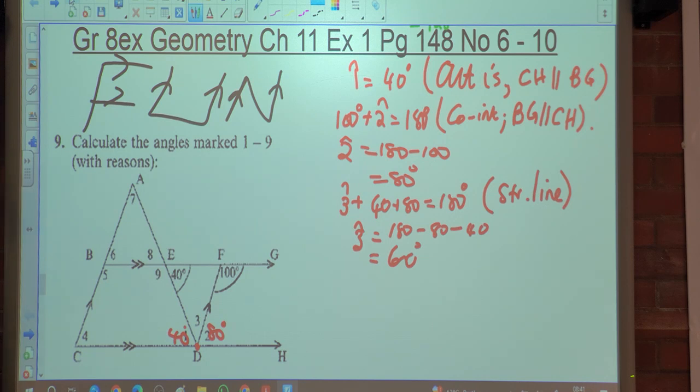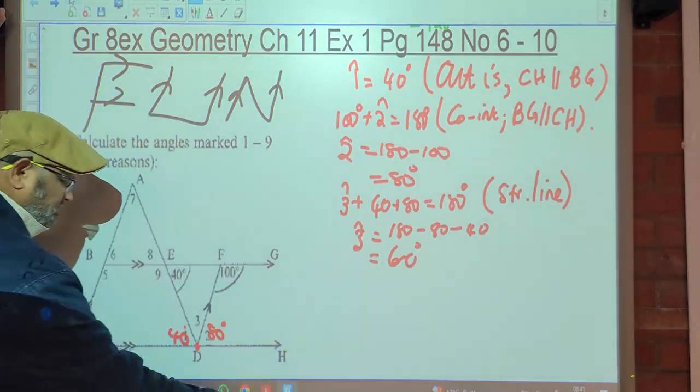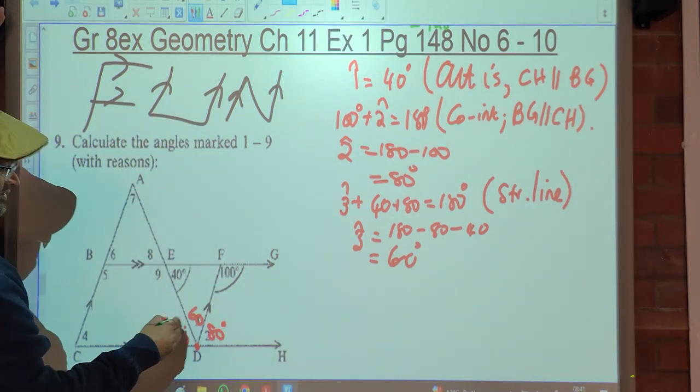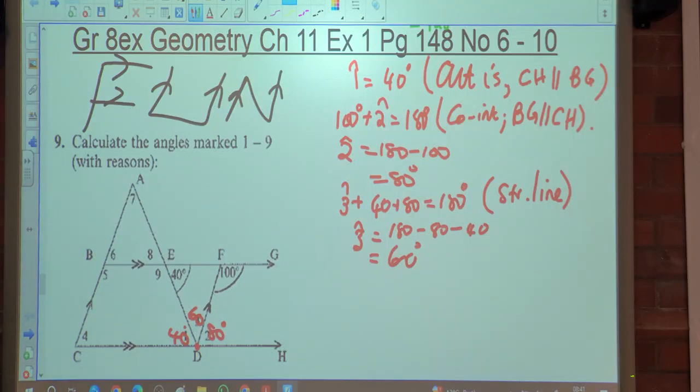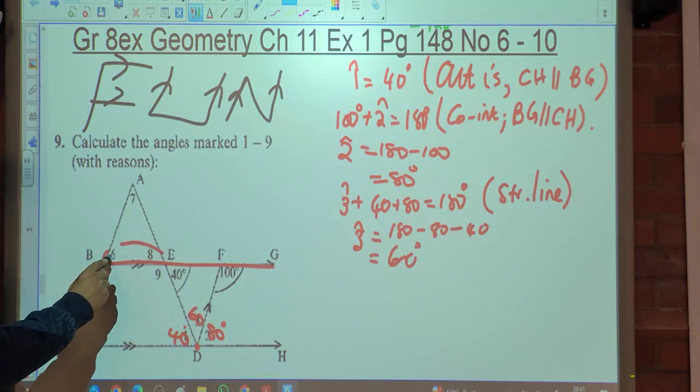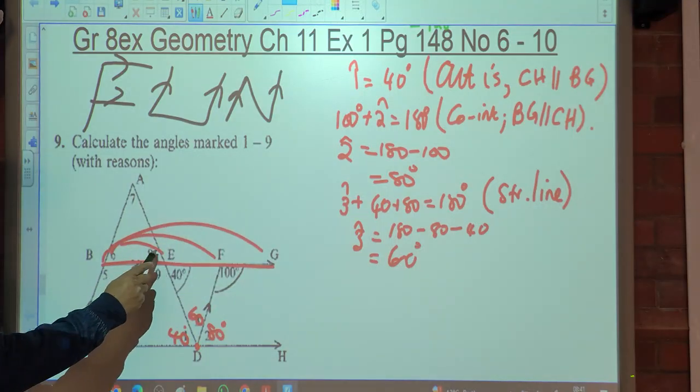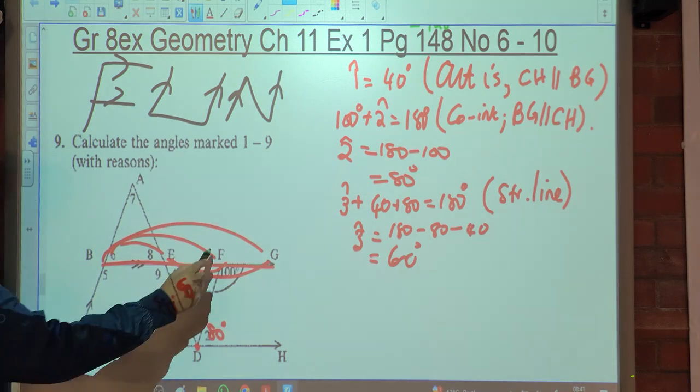Yes, Michael. So when you name parallel lines, do you only name from where the line begins? You see, you're not listening when I spoke. I said instead of saying BG, you could have said BF, BE, BG. You could have said EF, EG, FG.